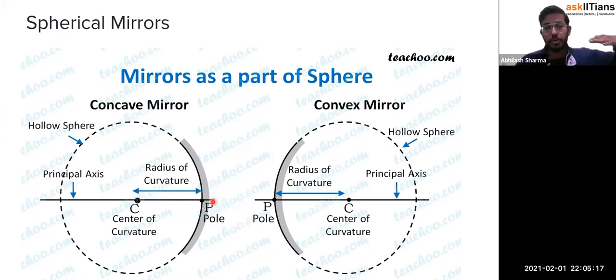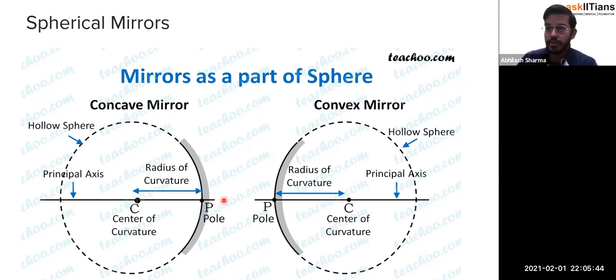Then we draw a line, which is the diameter, and wherever it cuts the mirror on the circumference, that point is called the pole. The pole is very important because all measurements will be done from the pole itself. All right. The diameter that we draw is also called the principal axis. An important point about the principal axis is that the mirror is always symmetric about it, as much on the top as at the bottom.